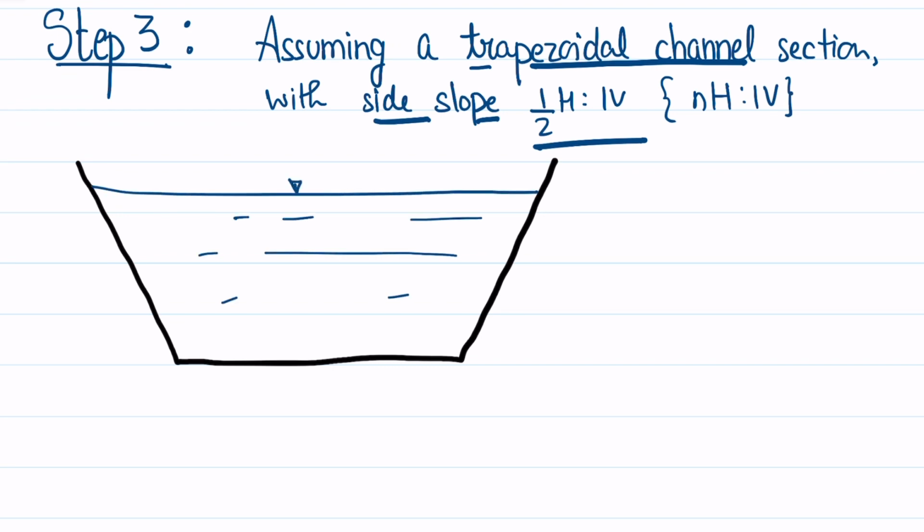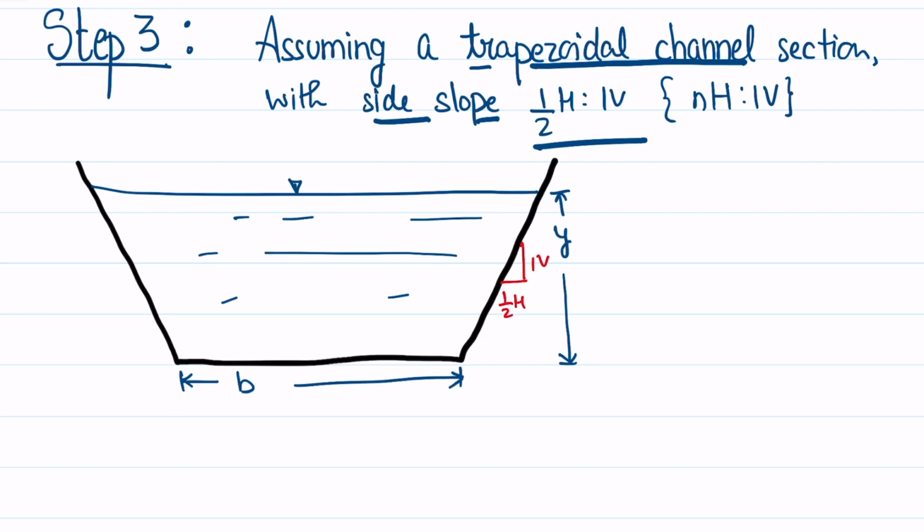The water is flowing at a depth y. This y in the first trial we have assumed to be 2 meter, and has a width b. This has a side slope of half horizontal to 1 vertical.